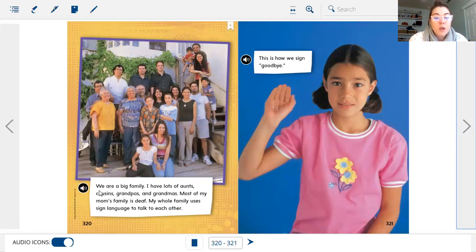Together, we are a big family. I have lots of aunts, cousins, grandpas, and grandmas. Most of my mom's family is deaf. My whole family uses sign language to talk to each other. This is how we sign goodbye.